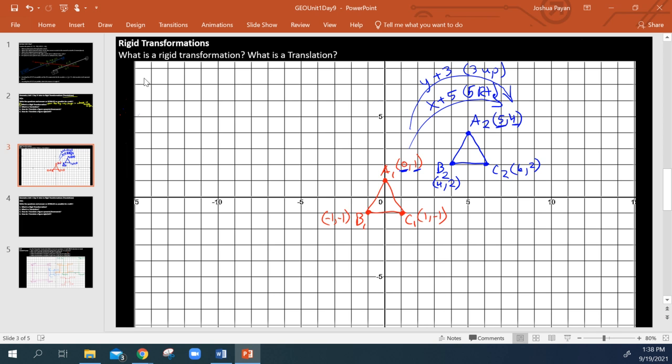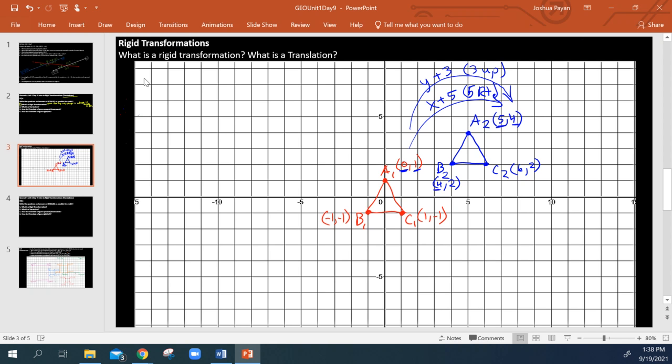Okay, and we talked about this in the do now when we were talking about how you would move something right or left. Well, you would have to add to the x coordinate for it to go to the right. You would subtract for it to go to the left. For it to go up, you would add to the y coordinate. For it to go down, you would subtract from the y coordinate. Okay, and if we look, the same thing happened on the other two, right?